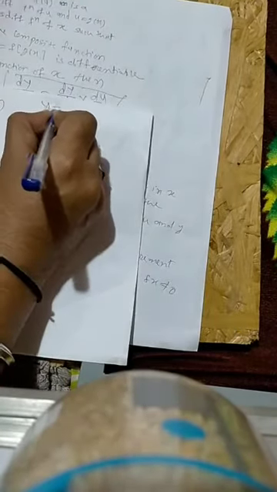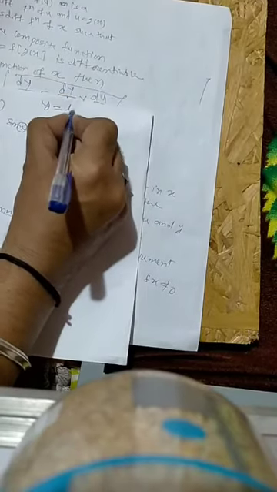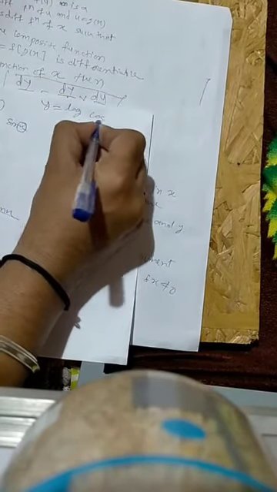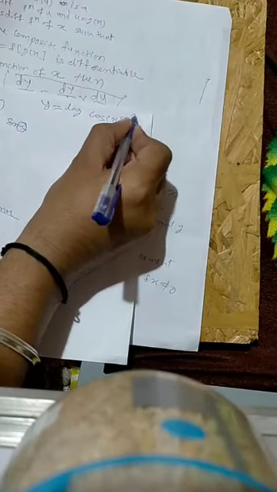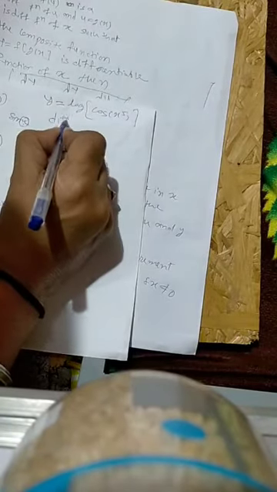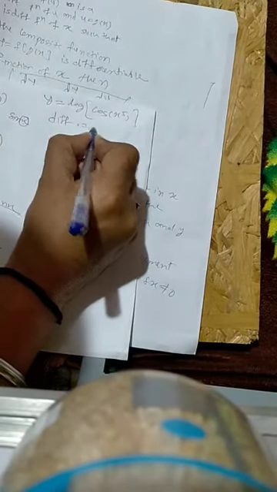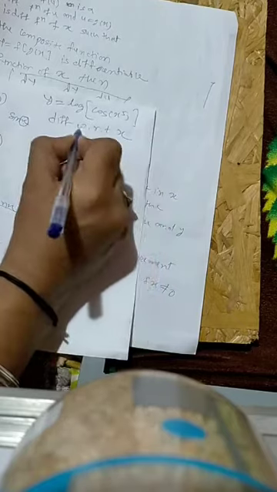Now the second example: find the derivative of y is equal to log of cos of x to the power 5. We differentiate y with respect to x.